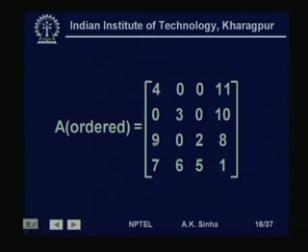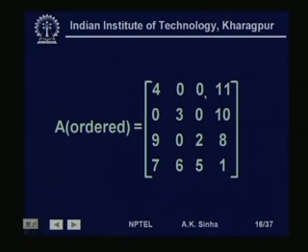Similarly, for the other rows, that is row number 3 and row number 4 in the ordered sequence, if we do this, then we get the reordered, that is renumbered, matrix like this. This we call the ordered matrix.